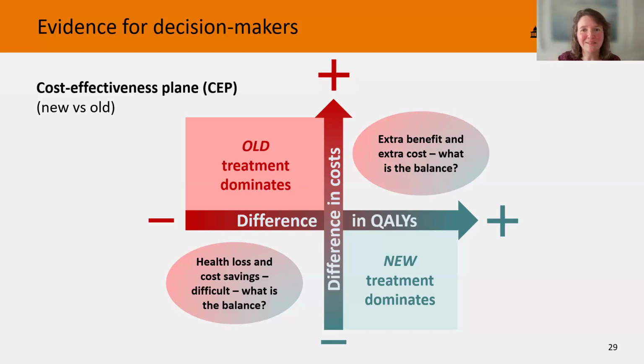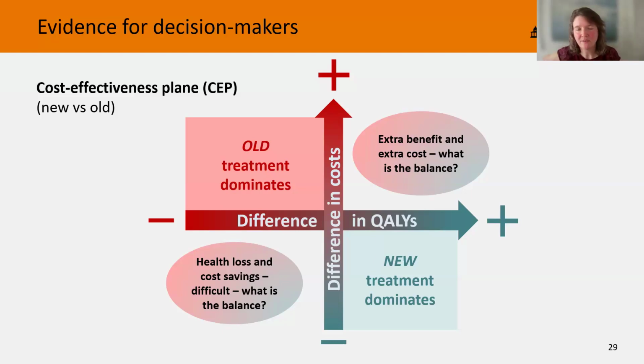We're usually in one of the others where, so top right here, there's more benefit for the new treatment. So it gives us more QALYs and it costs more. But how much more does it cost and how many more QALYs do we get? And then the opposite side here, where the new thing is cheaper and worse, how much cheaper and how much worse?